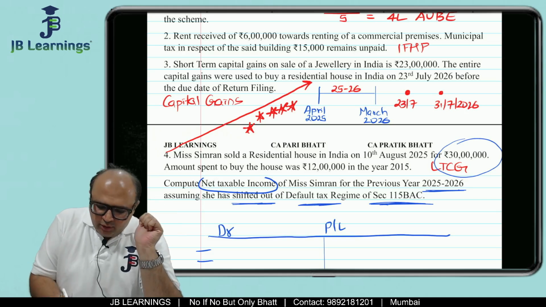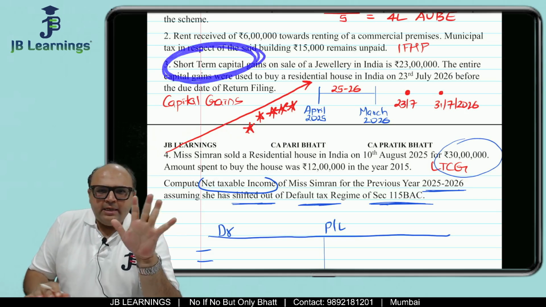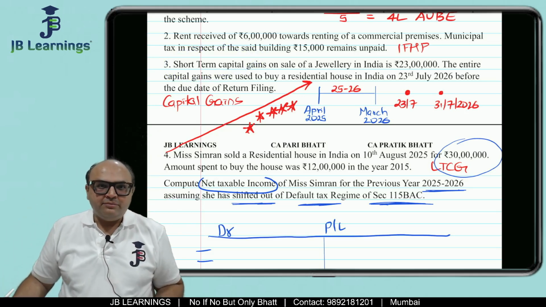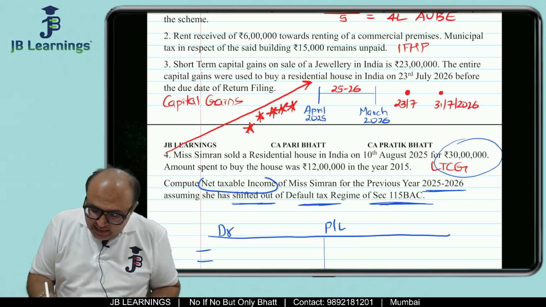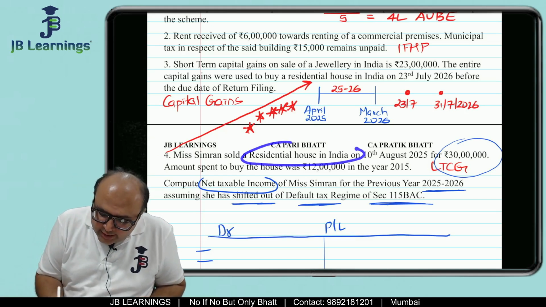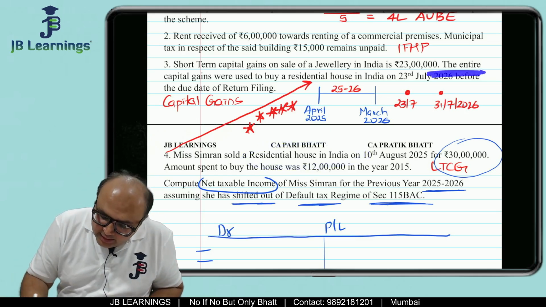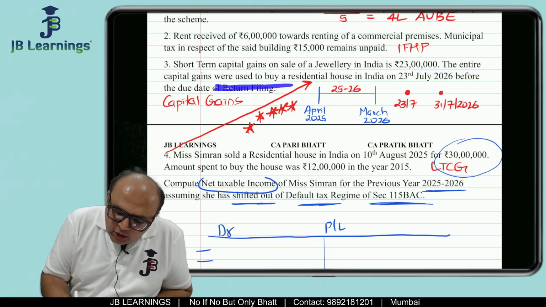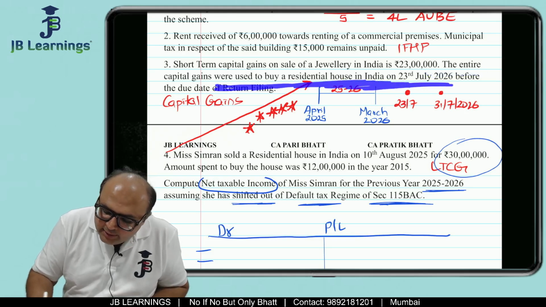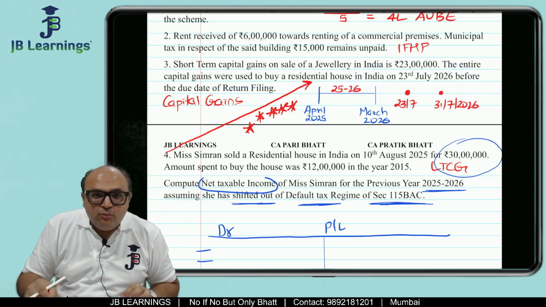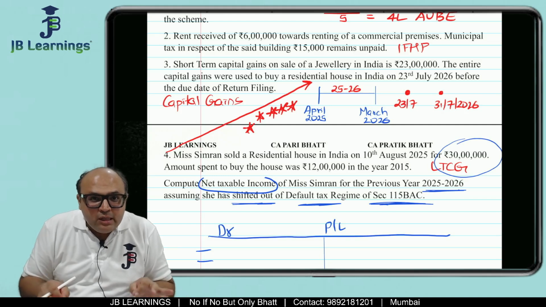Now, since jewelry was a short-term capital gain, we did not give exemption under section 54F. But friends, if you have sold a residential house in India, and in point number 3, they have given that they bought another residential house on 23rd July 2026. Friends, see, both of them are different residential houses, okay?